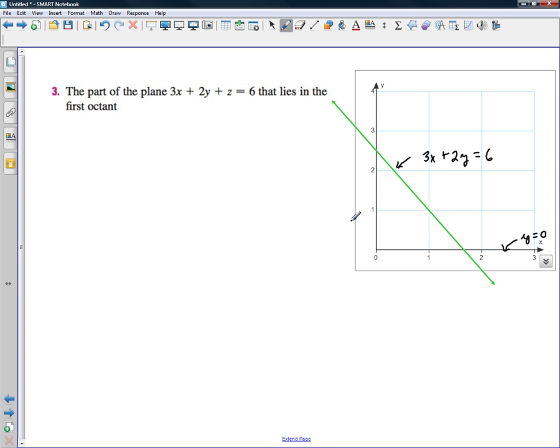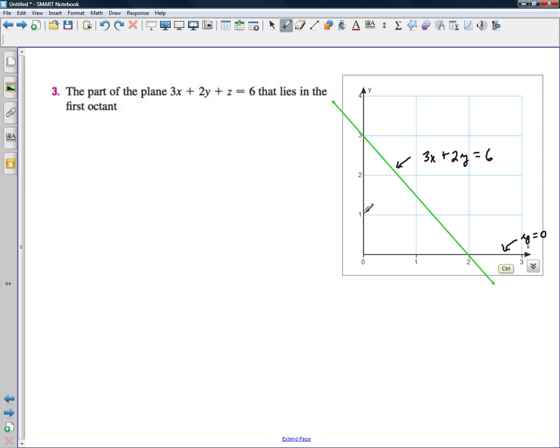And the other boundary, this boundary here would be the YZ plane, and this is the one where the x's are 0, right?